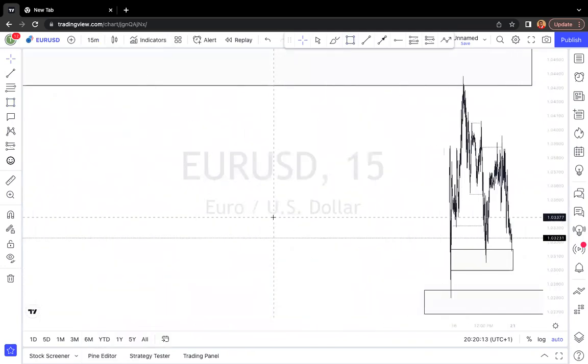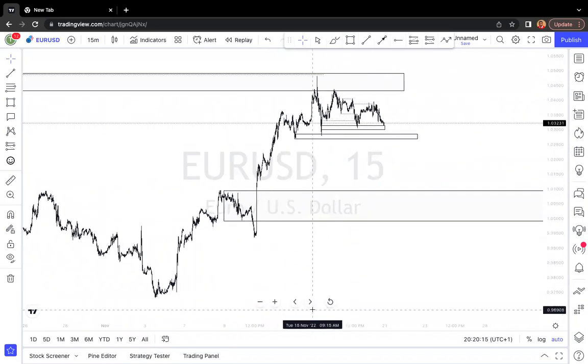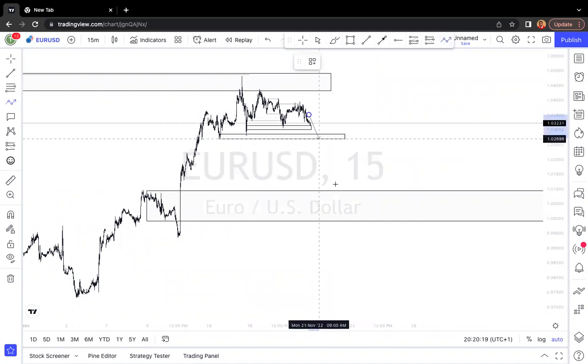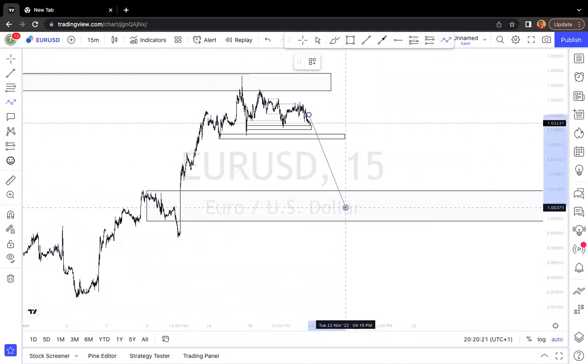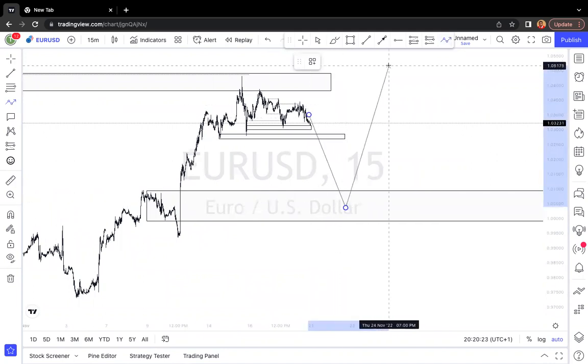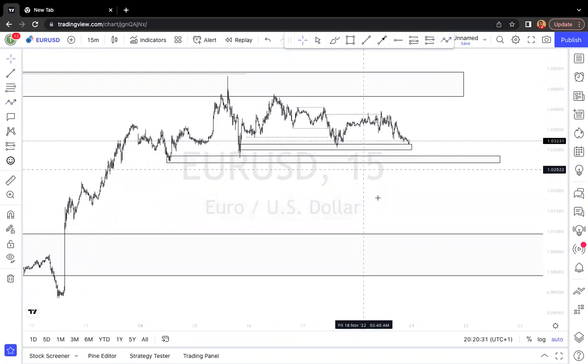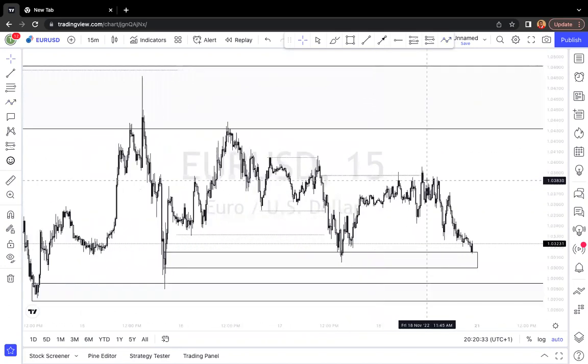So we could possibly have price come back into this range and then see further higher price. Any questions? Any questions as regards it?